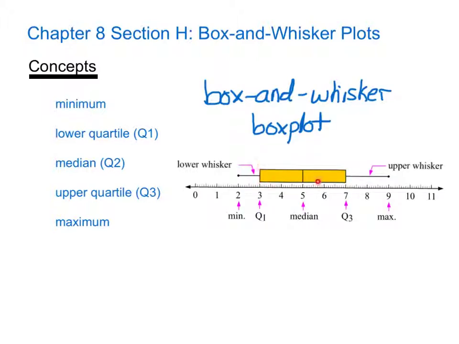So the box of the box and whisker, you can see, is in the middle, and this really represents the middle 50% of the data set, which we know from our previous video is the interquartile range. The whiskers show us the upper and lower quarters, or quartiles, of the data set.